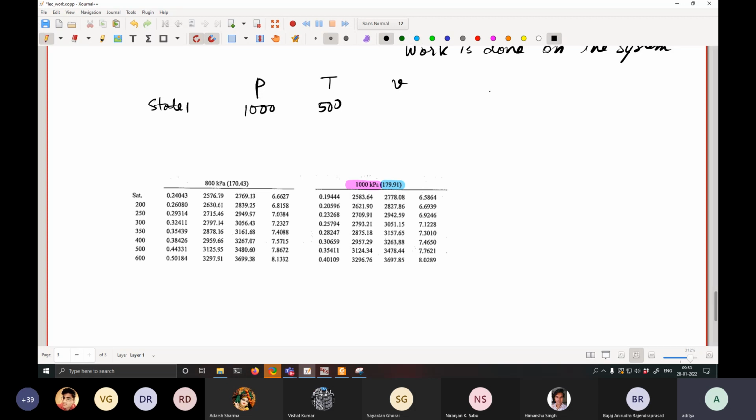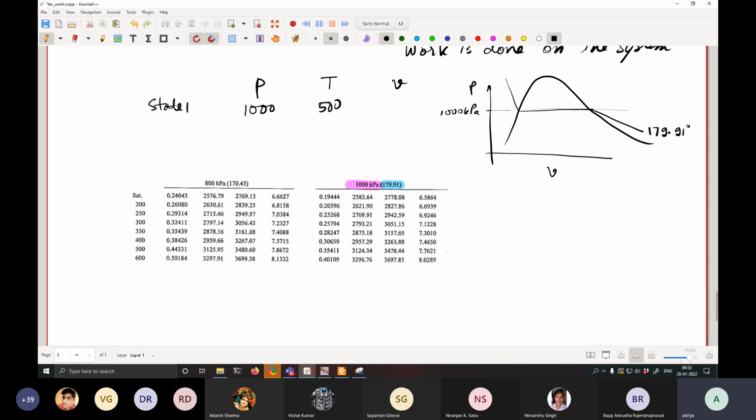Meaning, if I were to draw the plot, this is P, this is V. So if this is 1000 kilopascal, this entire line is 1000. So the isotherm that passes through here is 179.91 degrees Celsius.